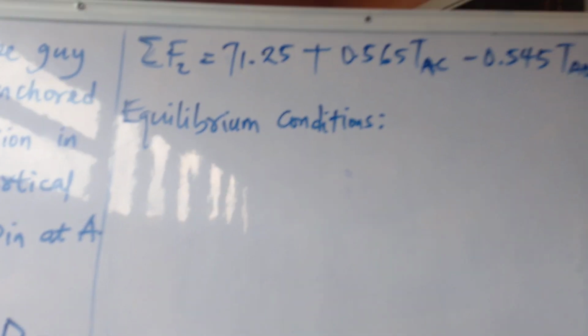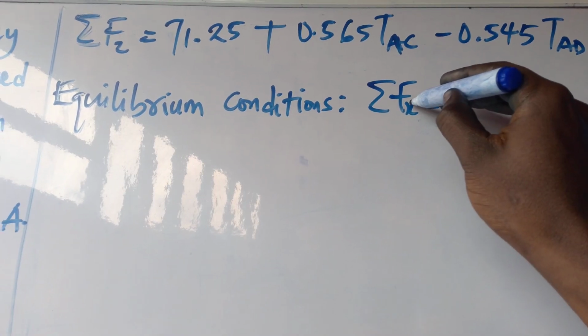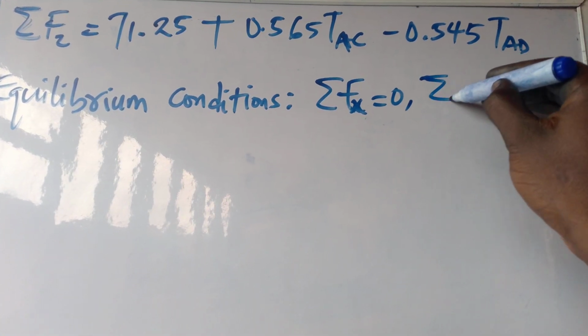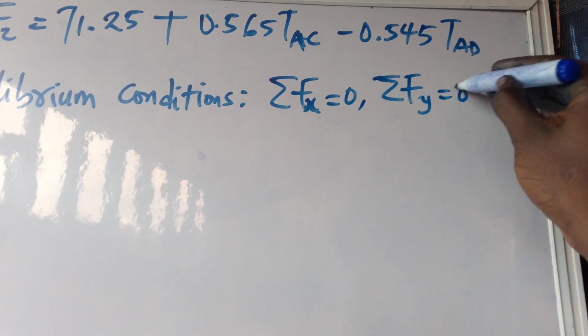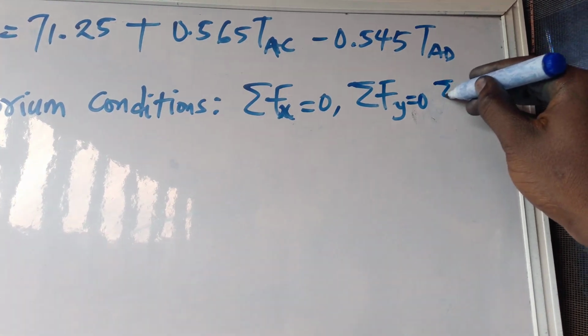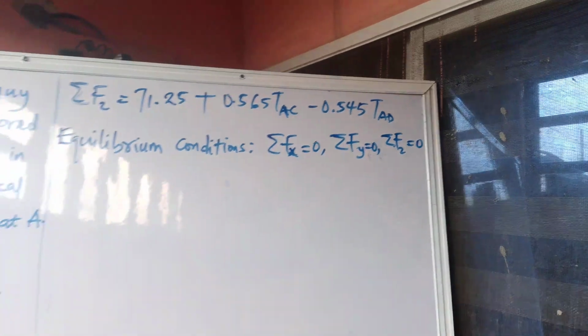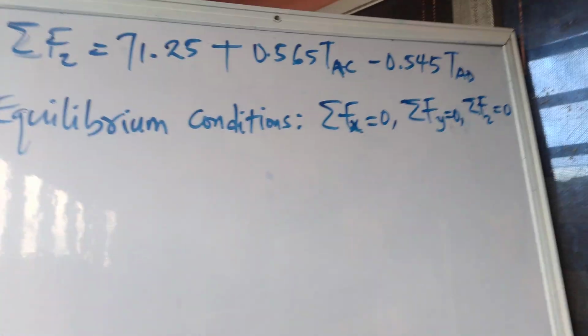For equilibrium conditions, sigma Fx is equal to 0, sigma Fy is equal to 0, and sigma Fz is equal to 0. Okay, those are static equilibrium conditions.